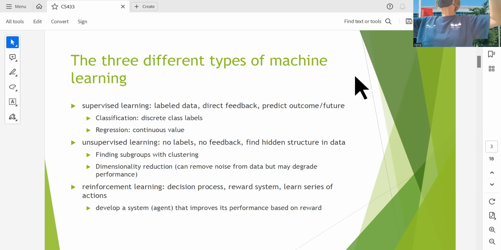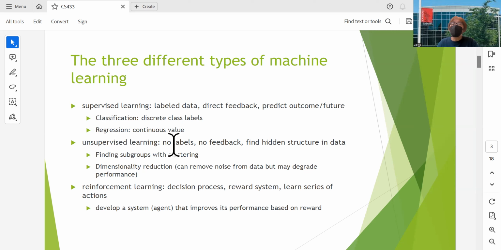Based on some features, like color, petal length or petal width, how do you identify if the flower is a rose or some other flower? That's called labeled data and supervised learning. So you can do classification and you can also do regression.